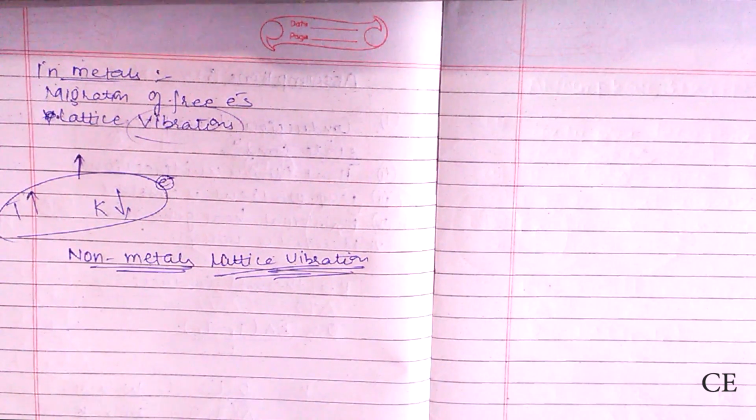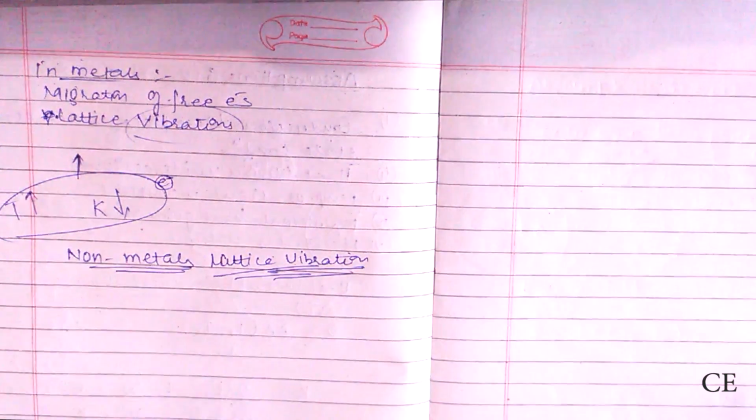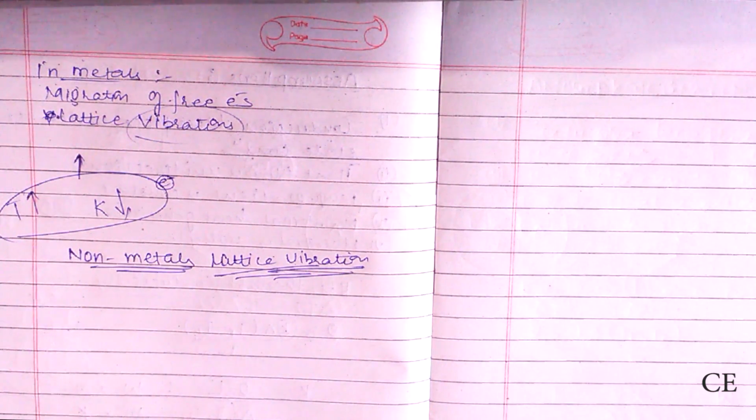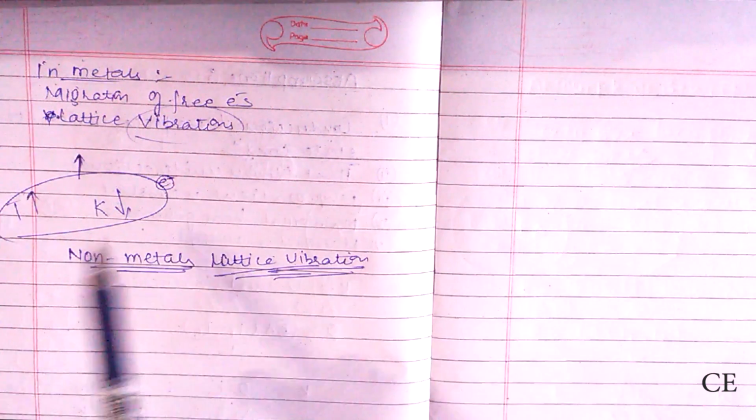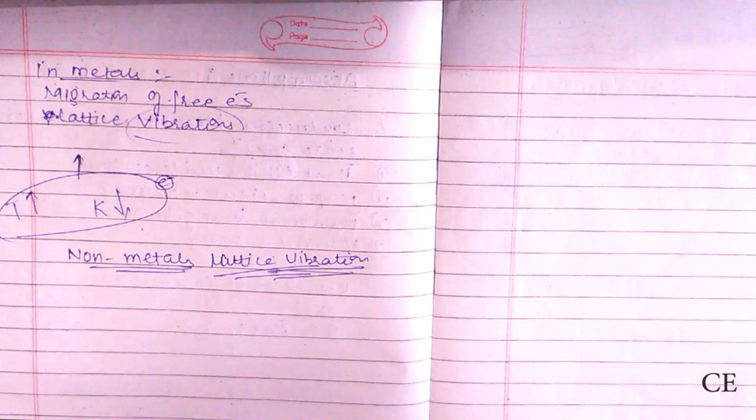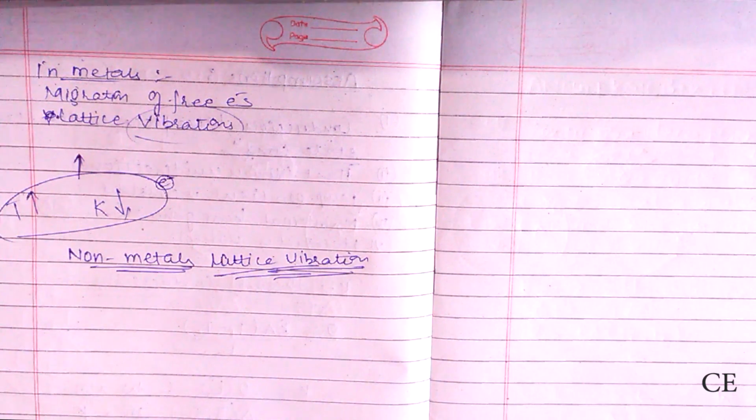So due to that, the rate of flow increases in non-metals when we increase the temperature. And for the gases, it is again the same thing. When we increase the temperature, collisions increase in it, and due to that increase in collisions, the value of K increases.